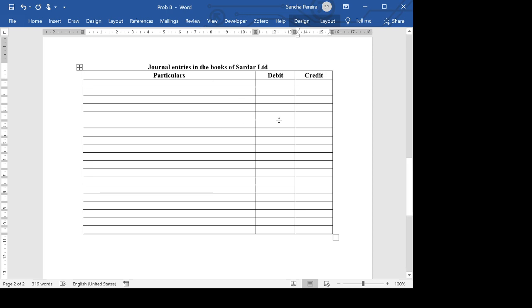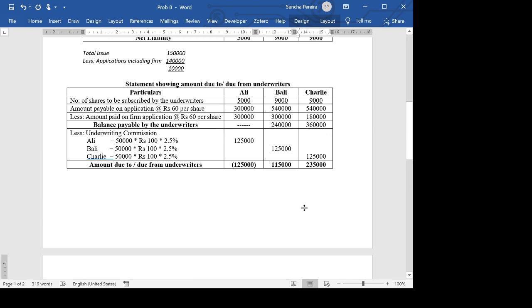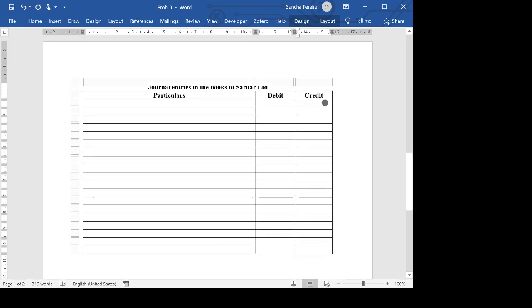Okay. So what we are going to do is we have to reflect all these transactions that have taken place. So like I did in the first problem, the first thing is always for the receipt of the application money, the first thing that happens.